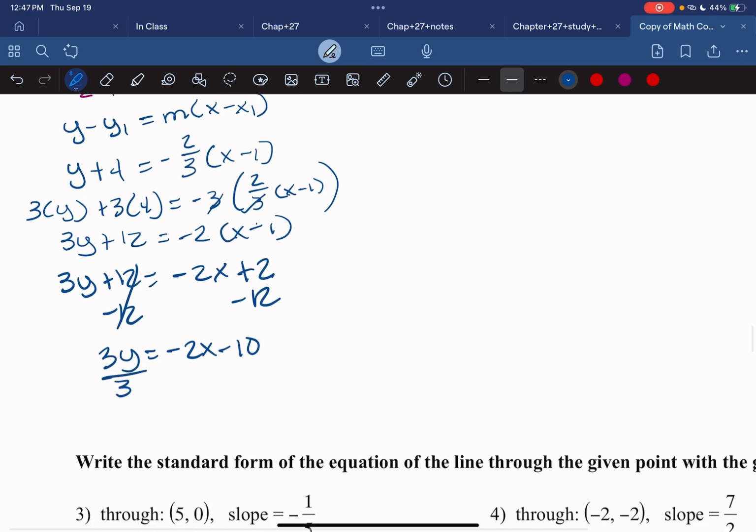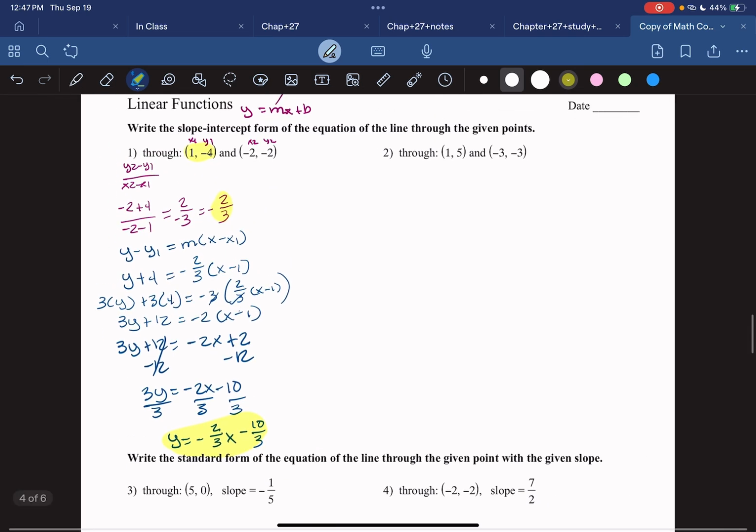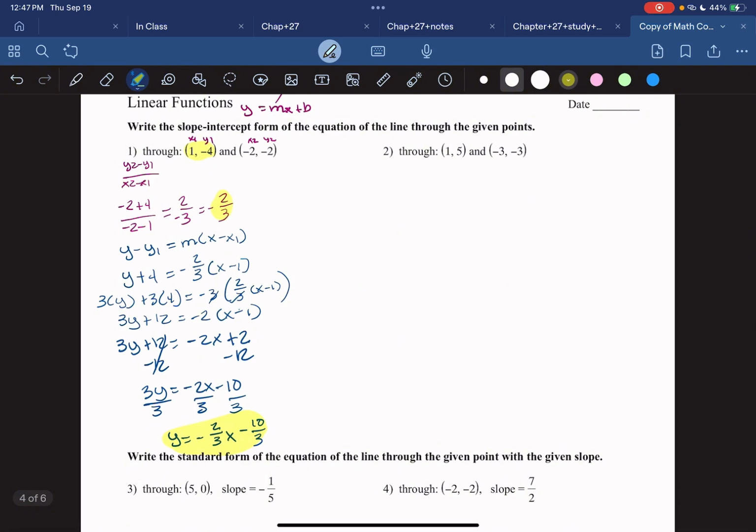Now we divide by 3. Y equals -2/3 x minus 10 over 3. That's our answer in point slope. Not in point slope. That's our answer in slope-intercept form.